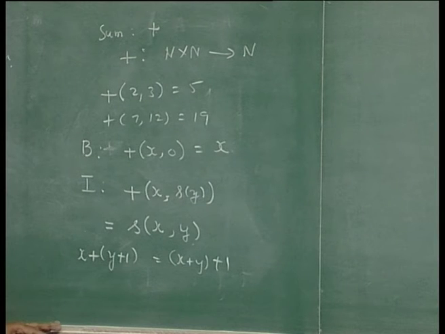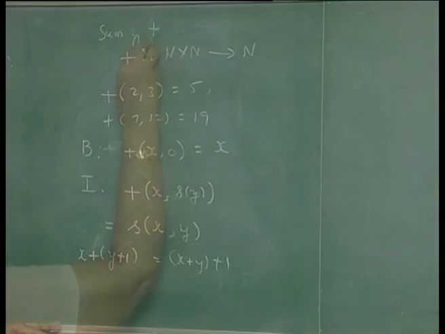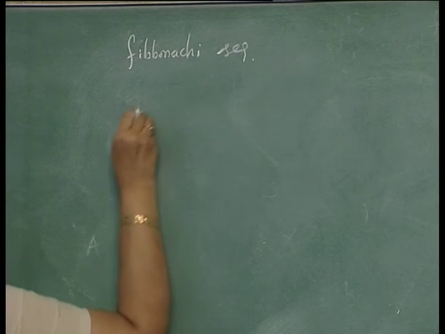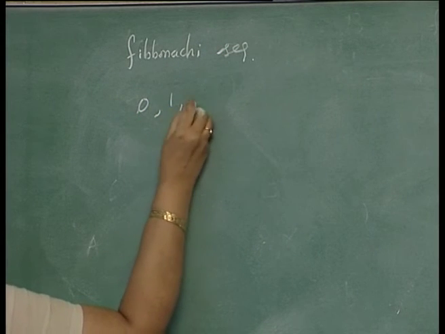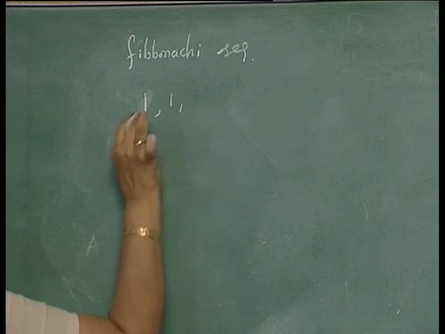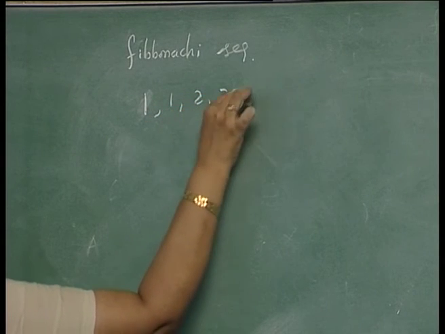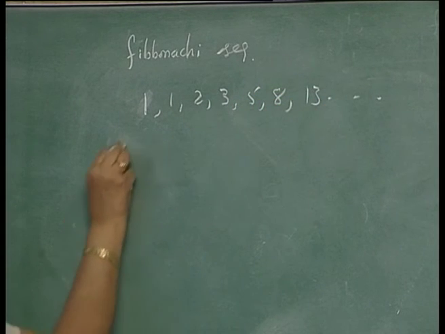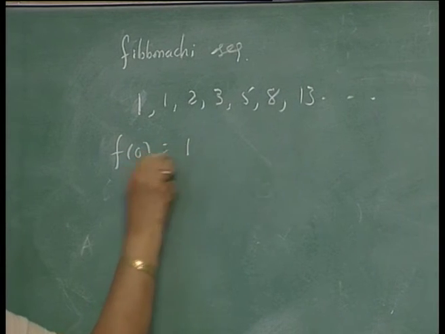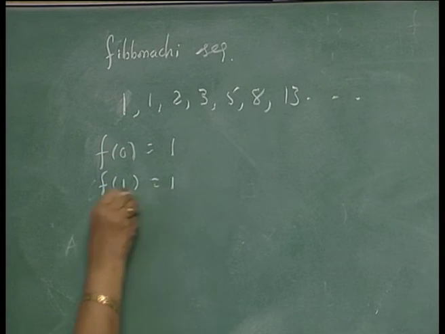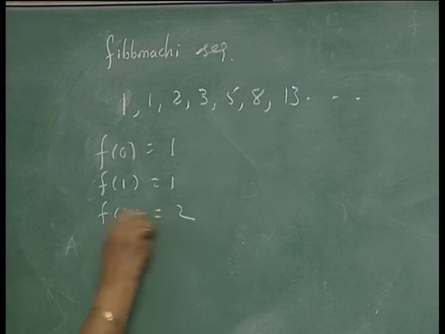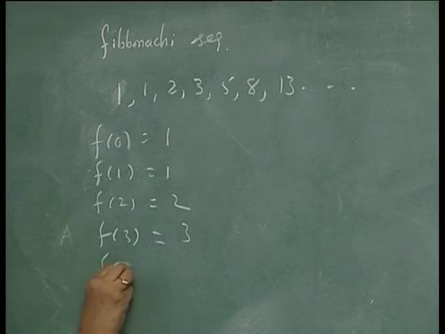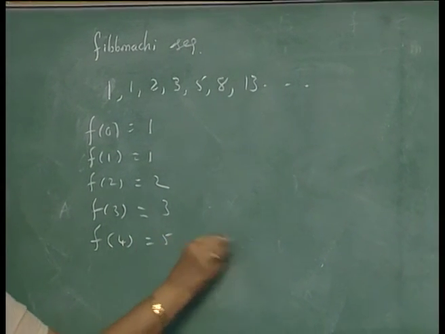Another example is like this. Consider the Fibonacci numbers sequence. It is 1, 1, 2, 3, 5, 8, 13 and so on. That is f of 0 is 1, f of 1 is 1, f of 2 is 2, f of 3 is 3, f of 4 is 5 and so on.